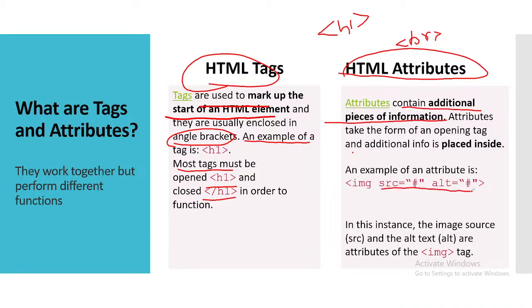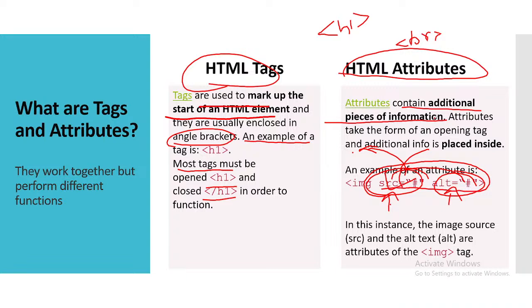You might be observing in this code that we have added two more things along with the image tag, that is src and alt. The src is the path we are going to give, and alt is the text that is displayed if the file at that path is not there.